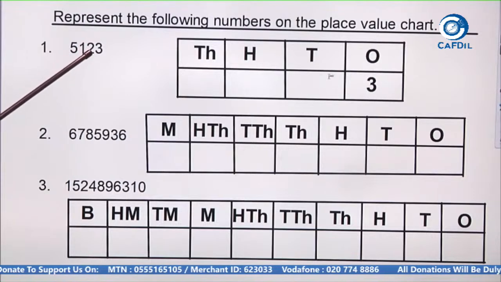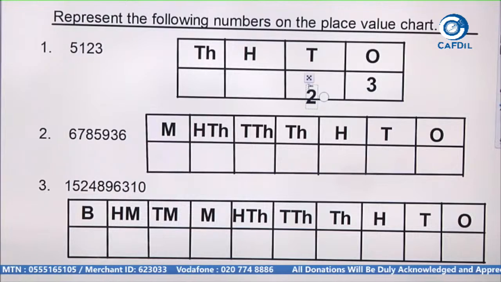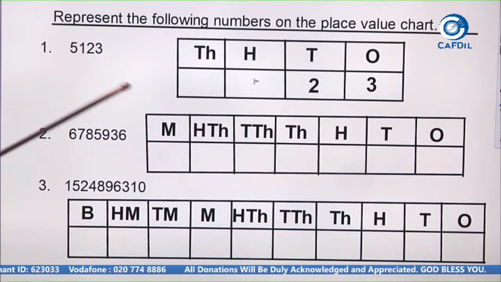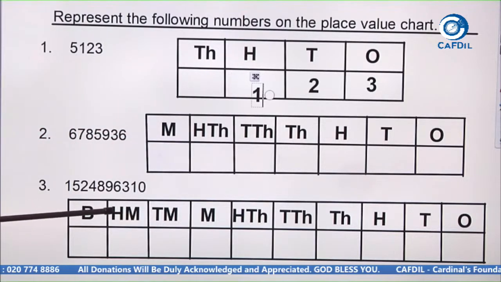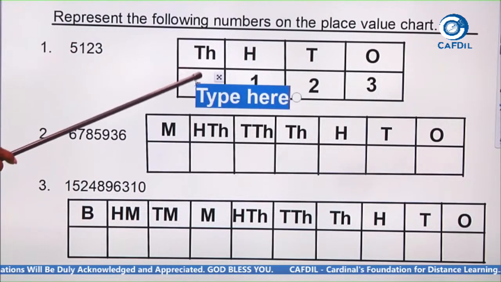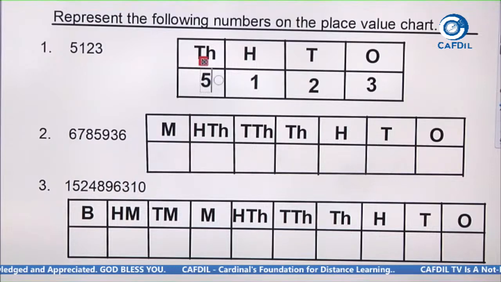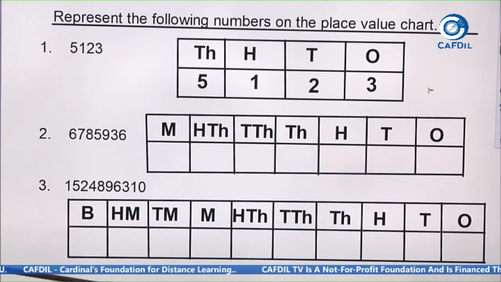The 2 will be under the tens. The 1 will be under the hundreds column. And the 5 will be at the thousands column. We have represented this number on the place value chart.